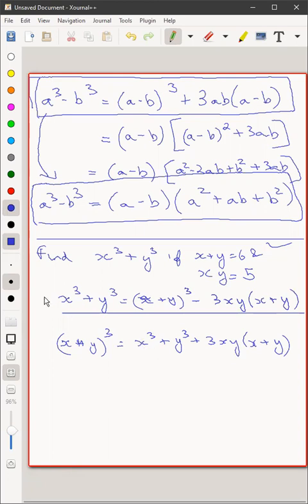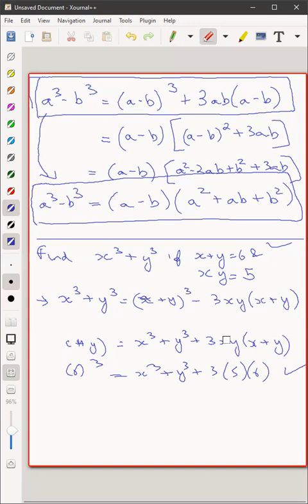So can we use this directly and save a little bit of time from using this and then deriving it into this? Yes, sir. You can use this one also, there's no problem here. Because you will put 6 cubed and then you'll solve it, you get x cubed plus y cubed plus 3 into 5 into 6. That is no problem. You can solve it like this. In case you forget the identity, feel free to solve it like this. But if we know the identity, it just helps to save us a little bit of time.